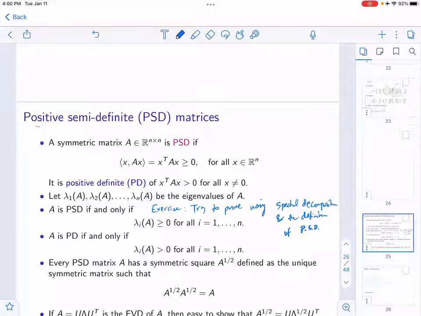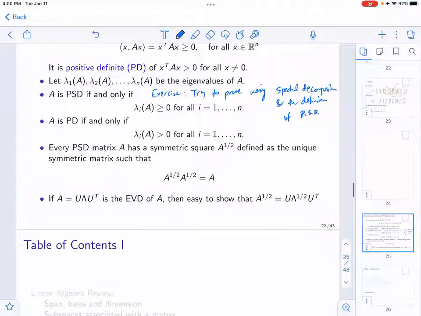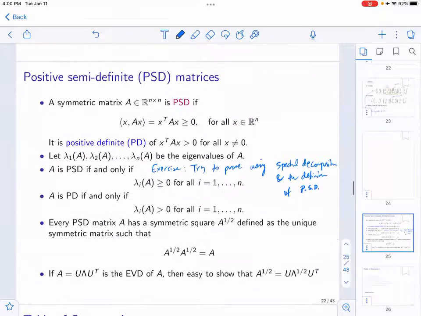Instead, these matrices are what look like positive or non-negative numbers. As a consequence, you can define a square root for these. So for every positive number, you can define a square root within reals, right? √4 is 2. Just like that, you can also define a square root for PSD matrices.